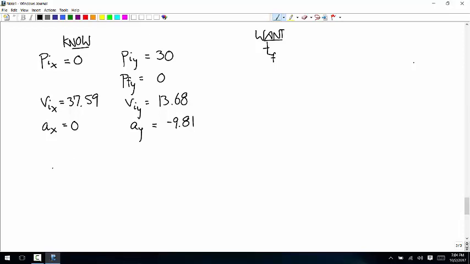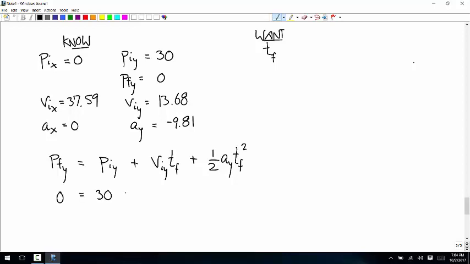And so the equation that'll work says Pfy is equal to Piy plus Viy Tf plus half Ay Tf squared. So 0 is equal to 30 plus 13.68 Tf minus 4.905 Tf squared.